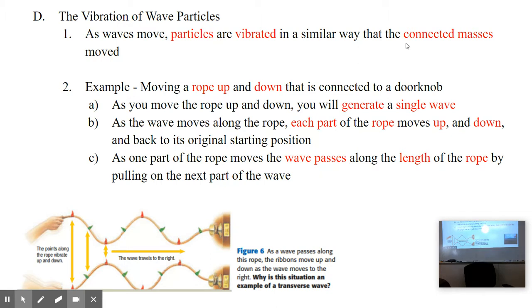The reason that wave is allowed to move down that rope is because one particle is connected to the next, is connected to the next, and so on, so they move each other. But if you only do that one flick of the wrist, eventually that wave will dissipate because you have not put in any more energy.